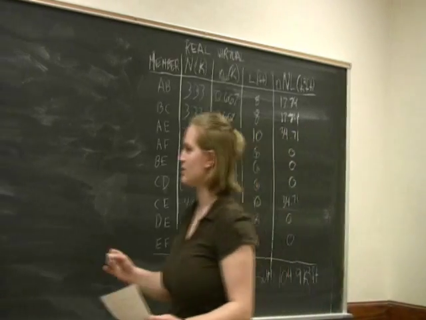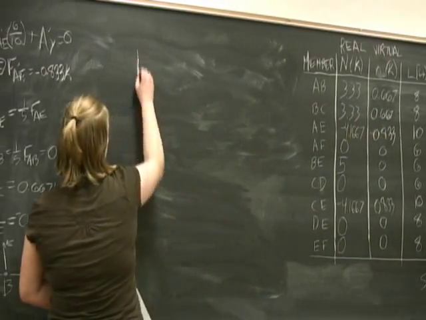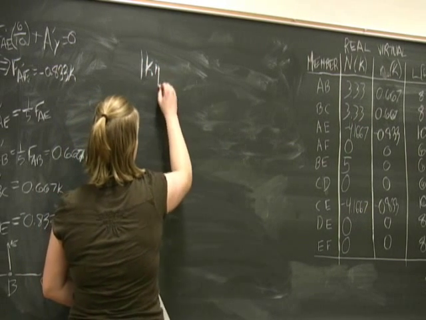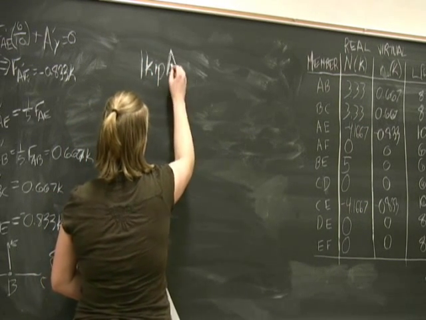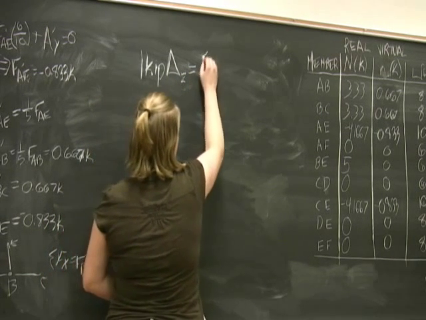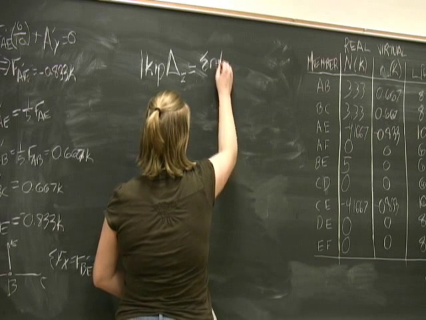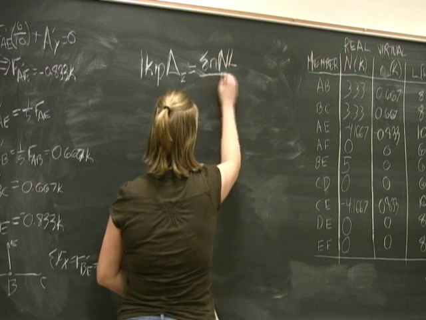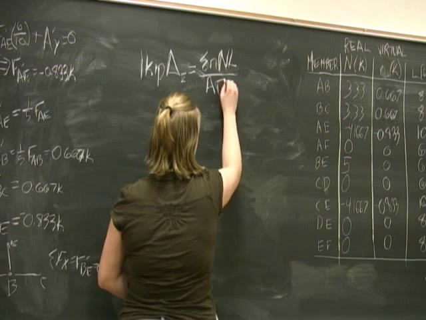So back to our original equation, which was 1 kip, like Nate said, times delta. Here we are looking for the deflection at E. Our equation is sigma small n large N L over AE.